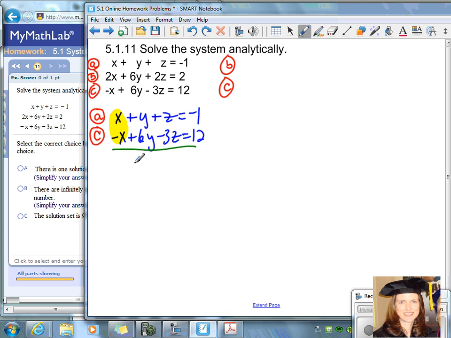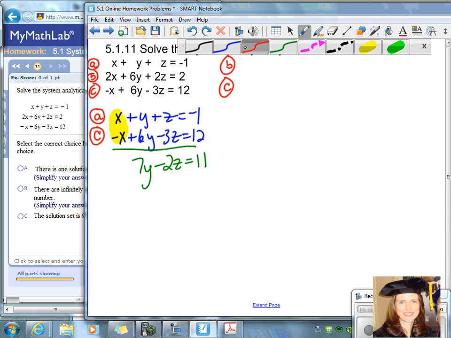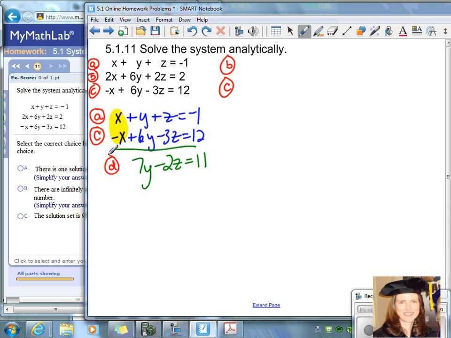Combining them, I get y plus 6y is 7y, plus z minus 3z is minus 2z, and -1 and 12 is 11. That equation I'm going to label equation D. That's one of my new equations.